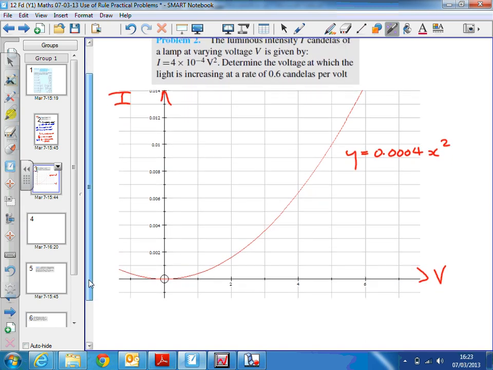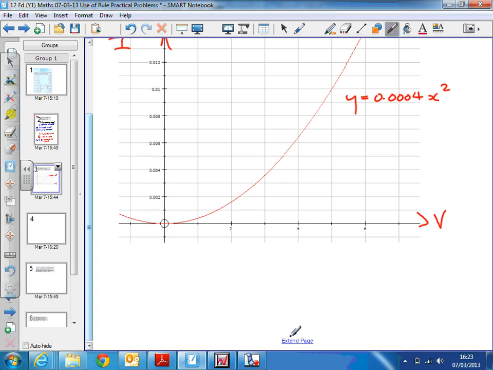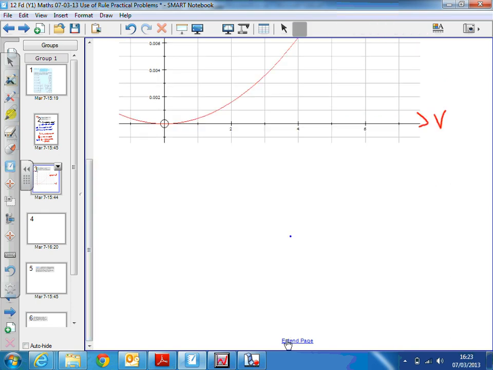So we take our function and we can write it as I equals 0.0004 V squared and differentiate it. What notation do you use for the differential? dI by dV, yeah.